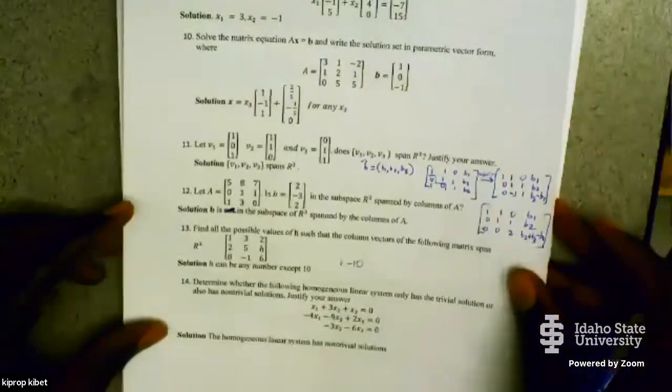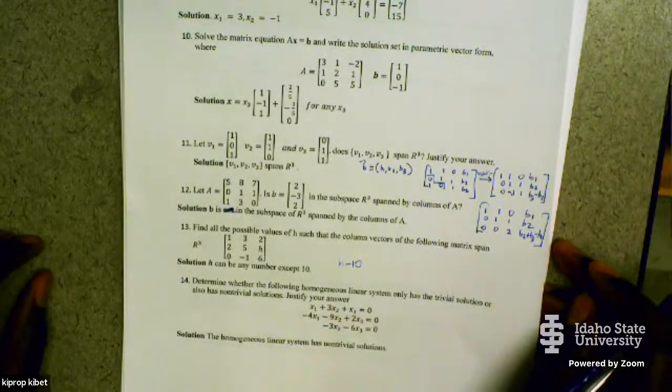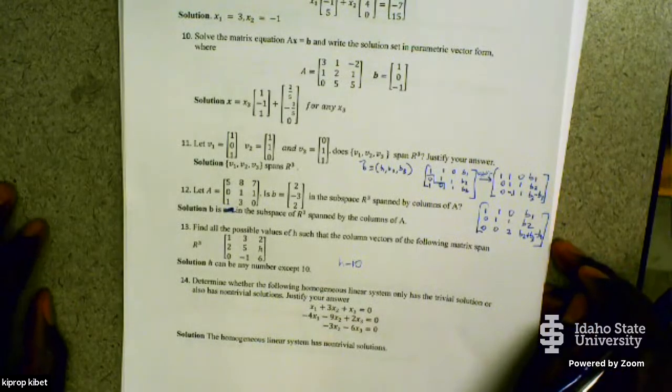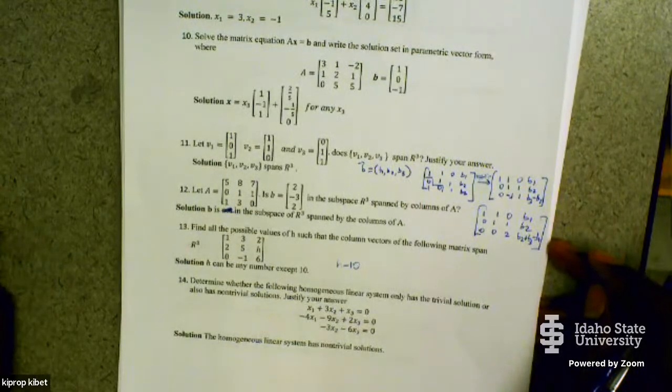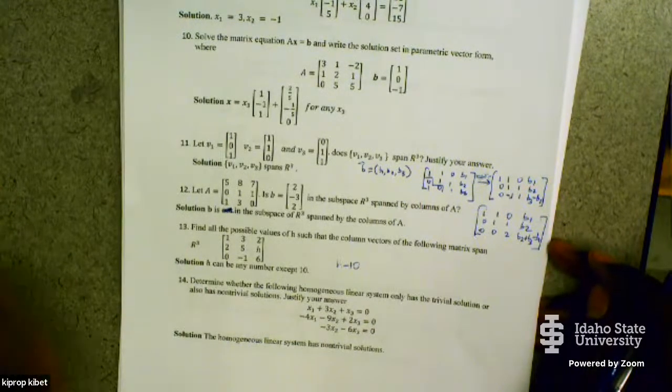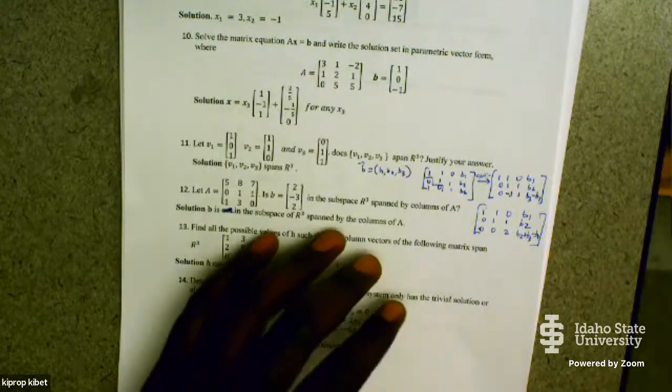Okay, number 14 is the homogeneous. Determine whether the following homogeneous linear system has the trivial solution or non-trivial solutions. So for the trivial solution, they should be what? Basic variables.